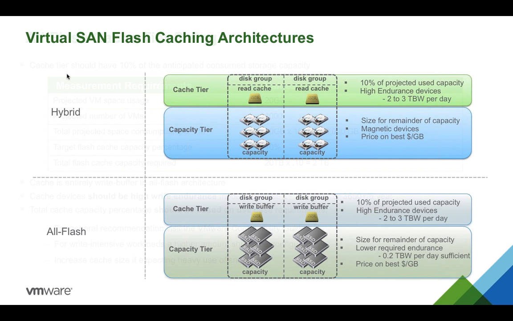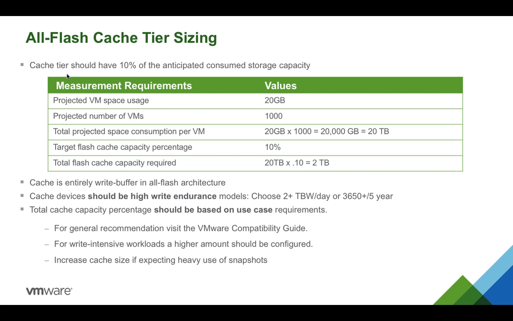For the most part, here's somewhat of an example that we actually provide in terms of how to get to the calculation that matches that 10% and what it translates to. Right? So when we look at the projected space per VM, the number of VMs you expect to have in that particular cluster, you can see those numbers and exactly what that 10% also translates to once the math is done.